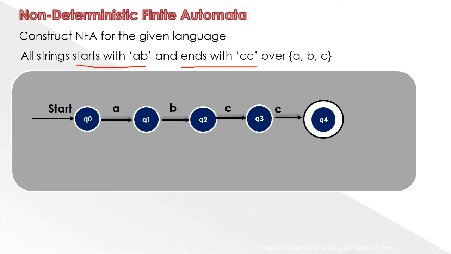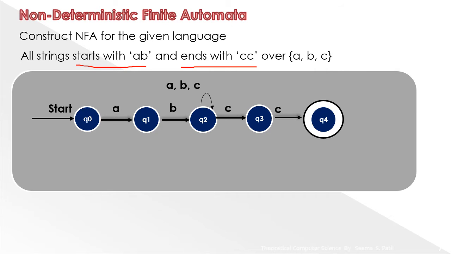Your problem is the strings that start with ab and end with cc. But between these two parts, that is between ab and cc, there can be any number of a, b, c's. So you have to add one loop over q2.